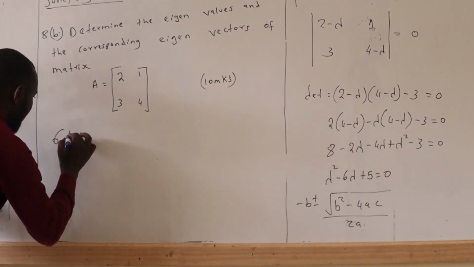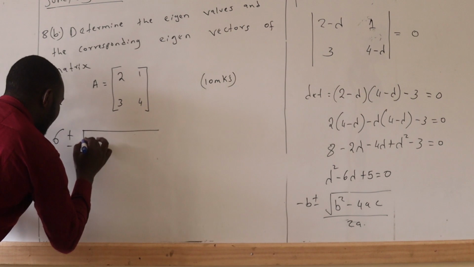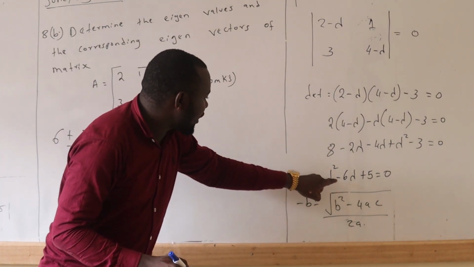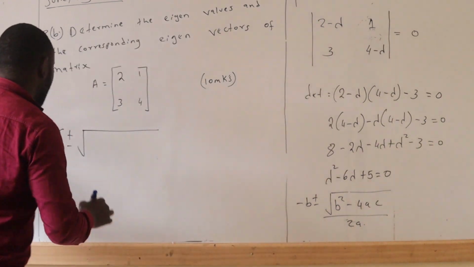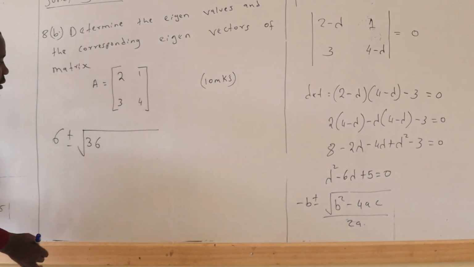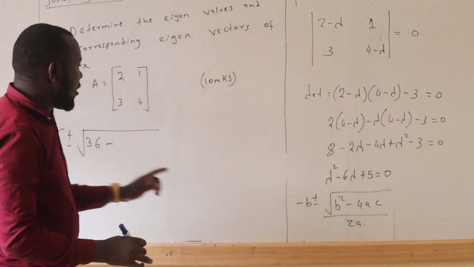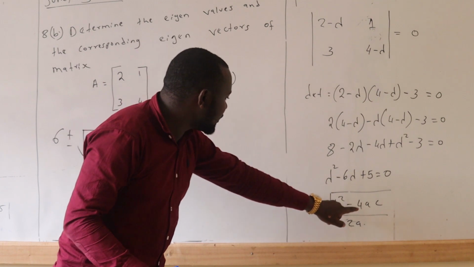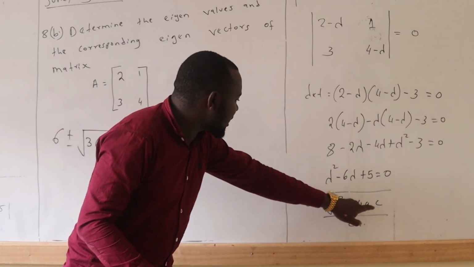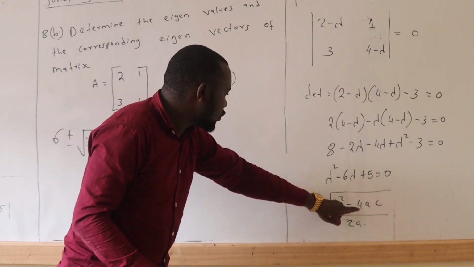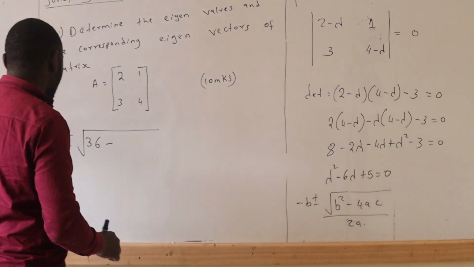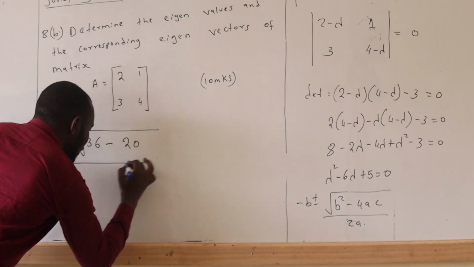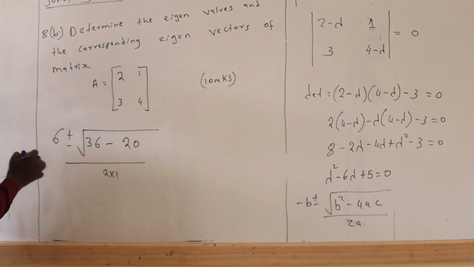Therefore, we have 6 plus or minus the square root of b squared, that is negative 6 squared, which is 36, minus 4a. Our a is 1, so we still have 4, multiplied by c, and our c is 5. So it is 4 multiplied by 5, and that is 20, divided by 2 times 1.